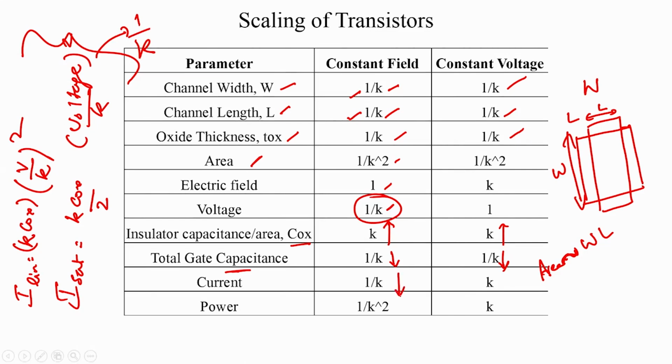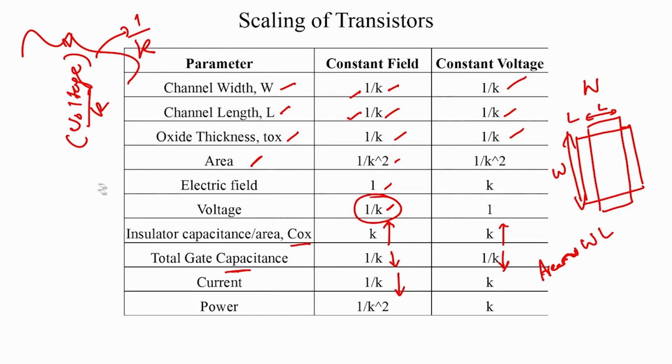On the other hand, in the case of constant voltage scaling, let us just keep things simple, we will just write that the scaling of the current is dependent on Cox into V square, because the rest of the parameters do not change.